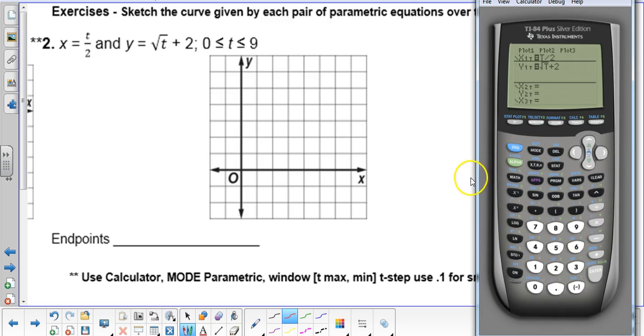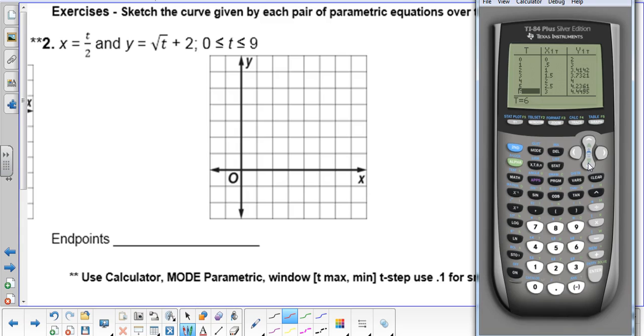Everybody okay? All right. Before we do anything else, will you look at the table? So go second graph and look at the table. We are only concerned really with values of T from 0 to 9. Notice the calculator calculates more than that on the table.